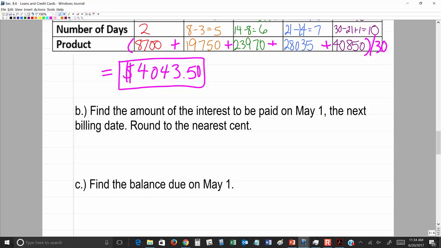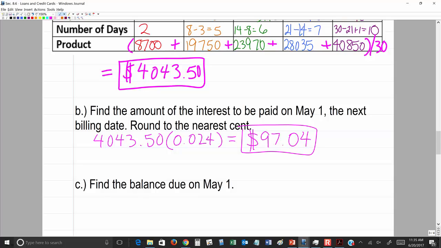So we'll just do 4,043.50 times 0.024, which equals 97.04. So that's the amount of interest that would be charged that month.